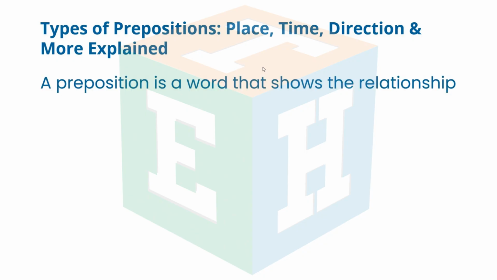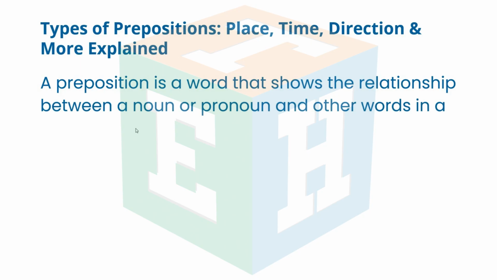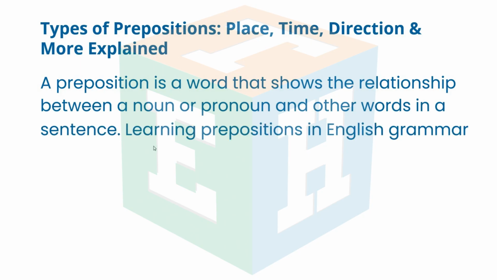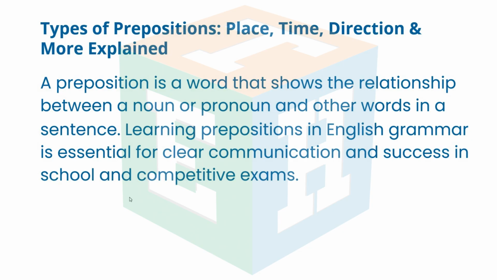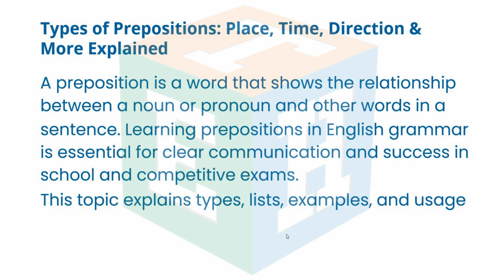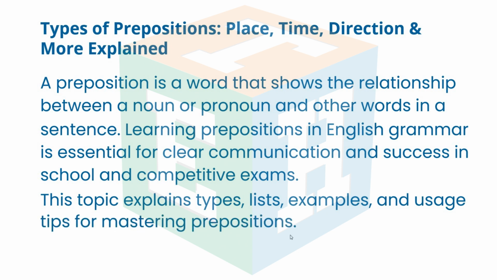A preposition is a word that shows the relationship between a noun or pronoun and other words in a sentence. Learning prepositions in English grammar is essential for clear communication and success in school and competitive exams. This topic explains types, lists, examples, and usage tips for mastering prepositions.